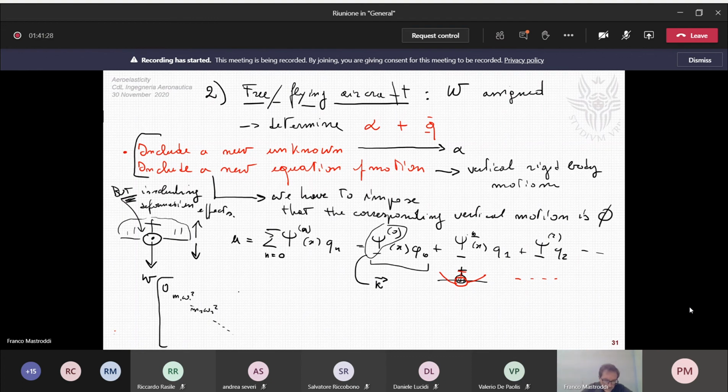This is the stiffness matrix, symmetric, but the first term is 0, rigid body motion. Then you have n flexible modes and one rigid mode, the number 0, number 1, number 2, and so on. This is the rigid part.